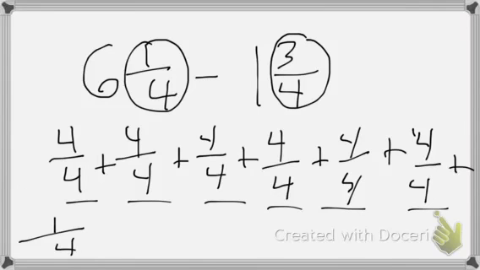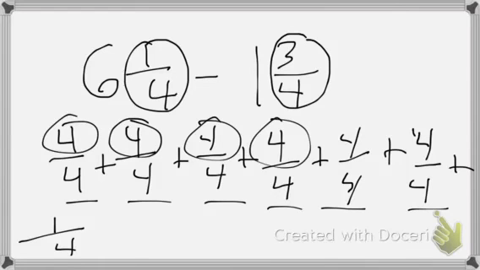If you add all those fourths up for 6 1/4, you would have 4, 8, 12, 16, 20, 24, 25/4. So that means that 6 1/4 is really 25/4.